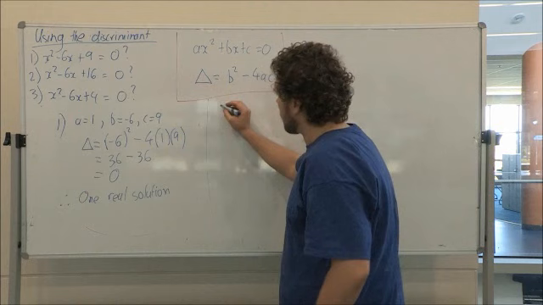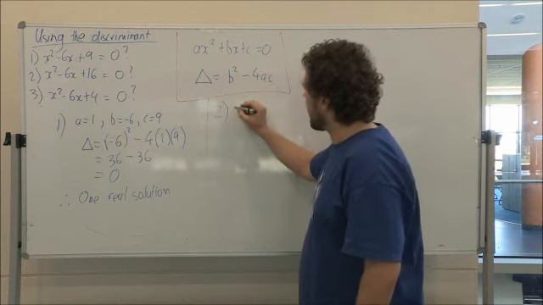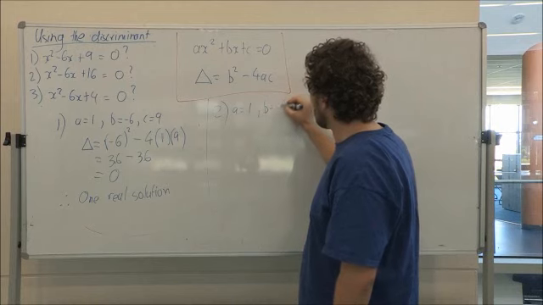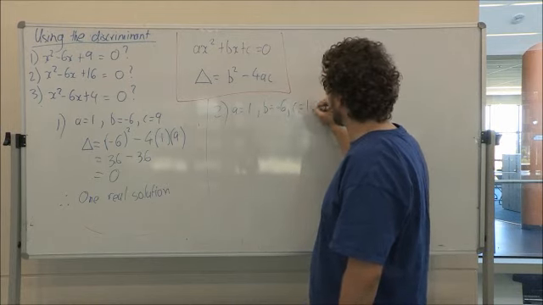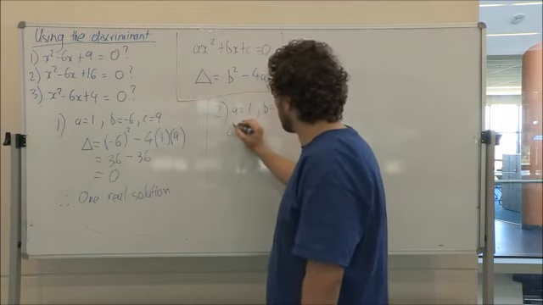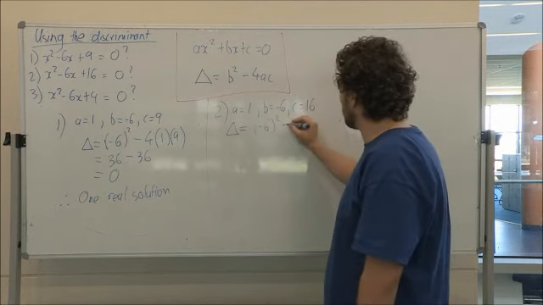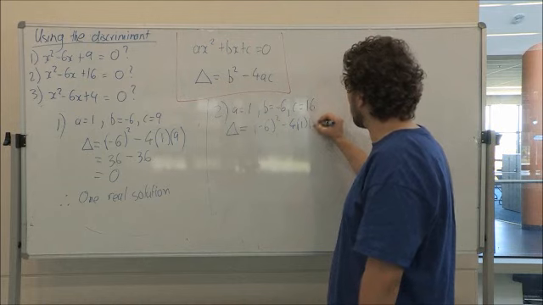Alright, the second one, a equals 1, b equals -6 again, and c equals 16. In this scenario, you're going to get delta equals (-6) squared minus 4 times 1 times 16.